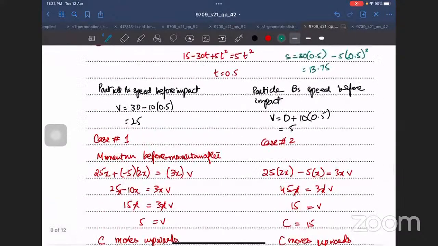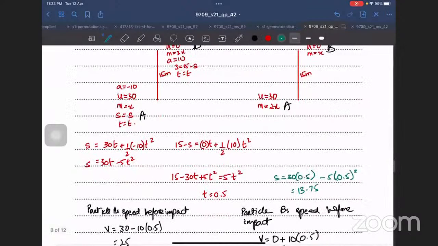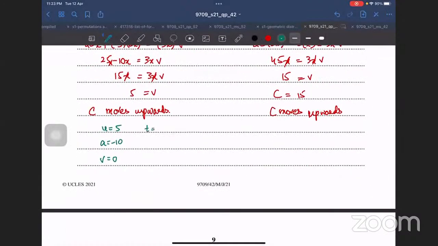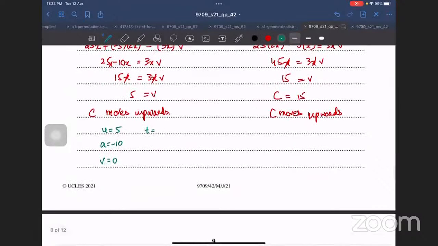I want to find out the time to reach its maximum height. And in this case, u is 15, a is -10, v is 0.